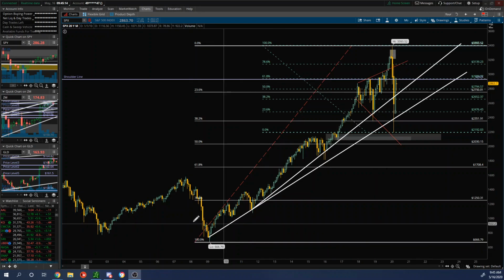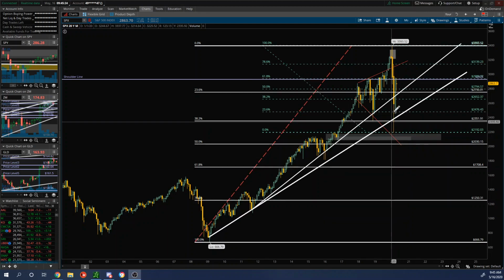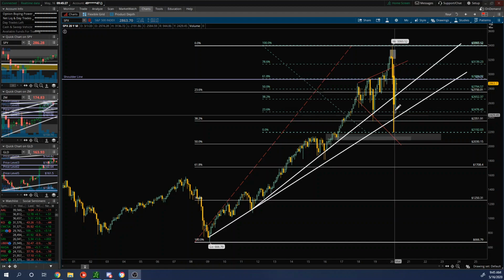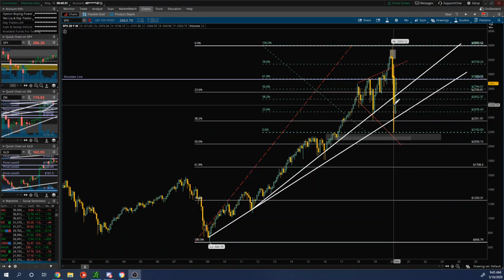And then we have this trend line that goes from the major low up to this low, and it has a bit different trajectory, almost gets hit here, and it does get hit and closed above recently. You can see this trend line was actually broken in the month of March, but we fought back, and we healed ourselves back above it. So that's a plus in the bull camp for me on a macro chart.